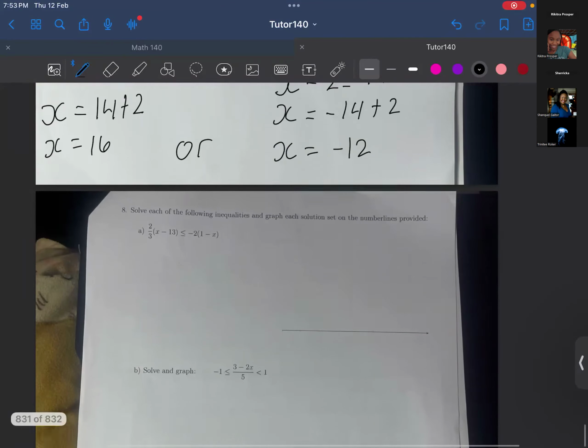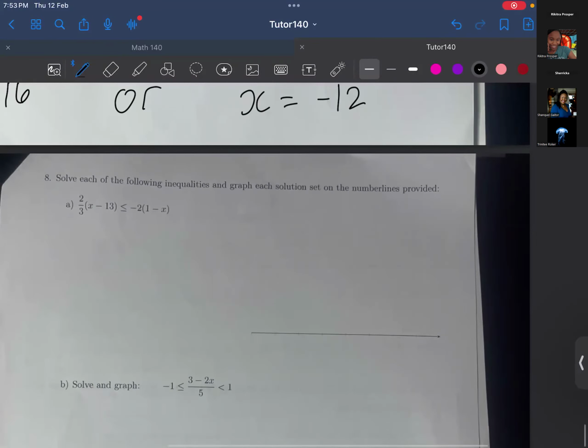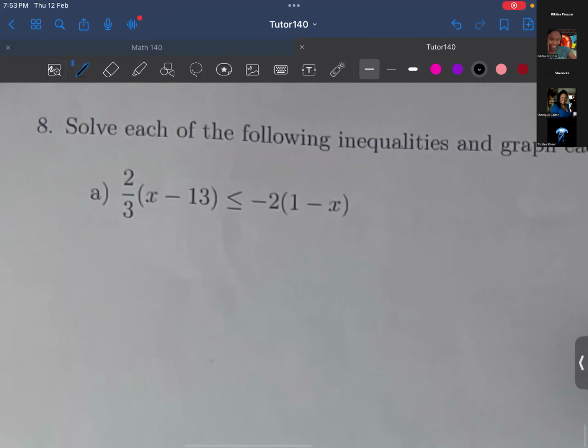Okay. Next question. So solve each of the following inequalities and graph each solution set on the number lines provided. So we have a fraction. I'm going to get rid of this fraction. Since it's only one fraction of 3, I'm going to multiply the entire equation by 3.